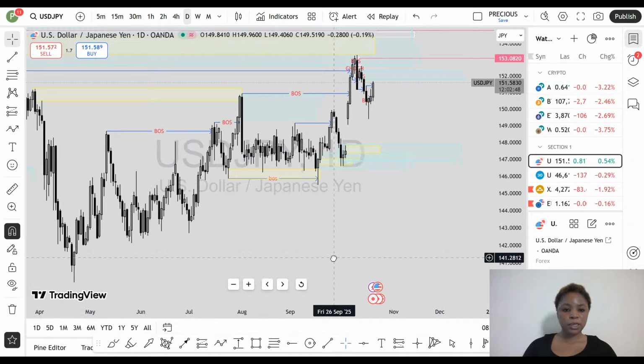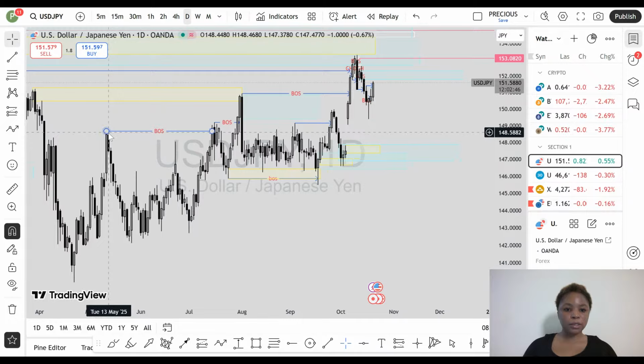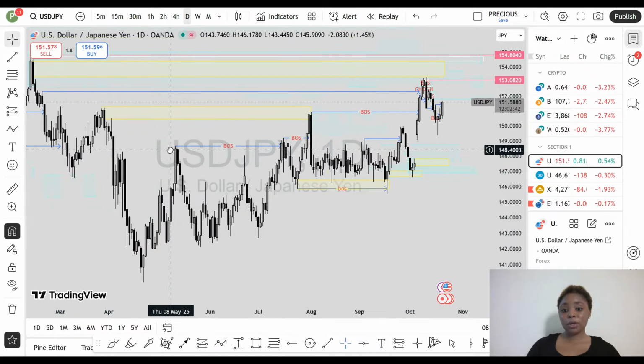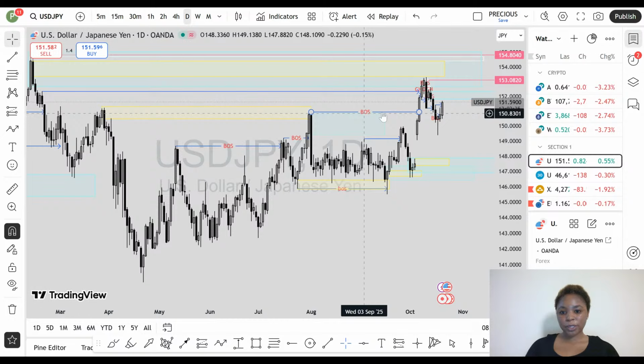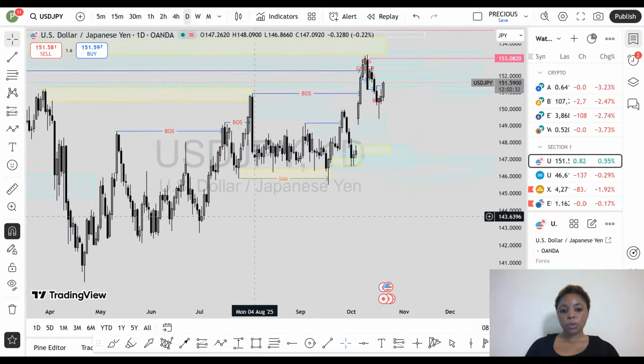On the daily time frame, you know this market has been giving us higher highs on the external level, and not lower lows and lower highs. And the reason is because we are bullish here.